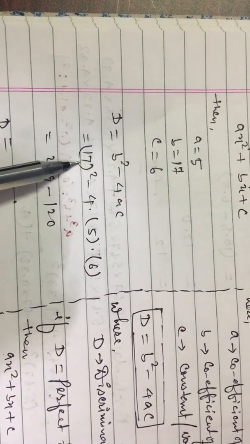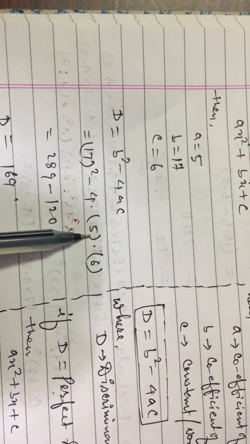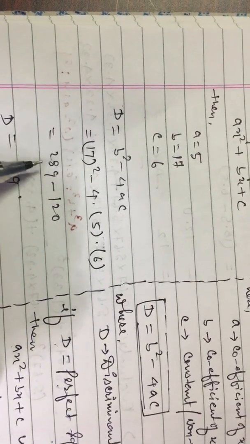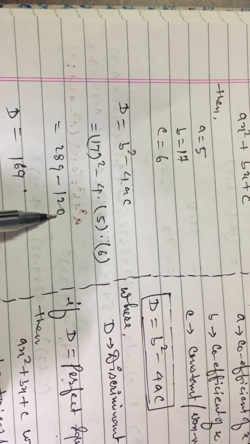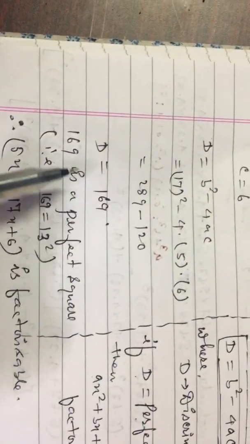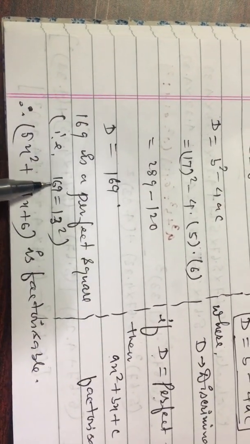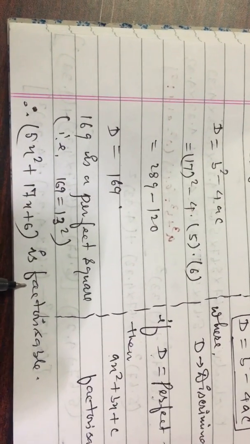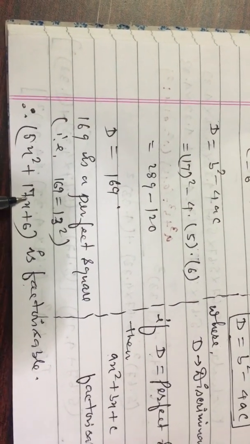The value of b is 17, minus 4 times a, 5, and c, 6. The square of 17 is 289, 4 into 5 into 6 will be 120. After subtracting, 169. So see, the value of d, 169, is a perfect square. I think you should know that it is the perfect square of 13. So it is factorizable. It means we can factorize it by splitting the middle term.